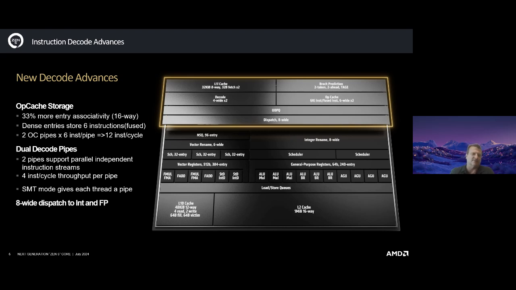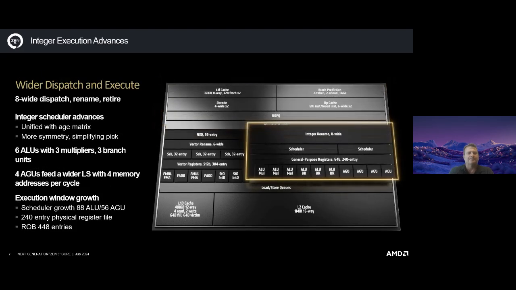And as we'll see, we then feed 8-wide dispatch out into our coprocessor model of integer and FP, as it's always been in the Zen line. So we do 8-wide dispatch, rename, and we retire 8 instructions as well.